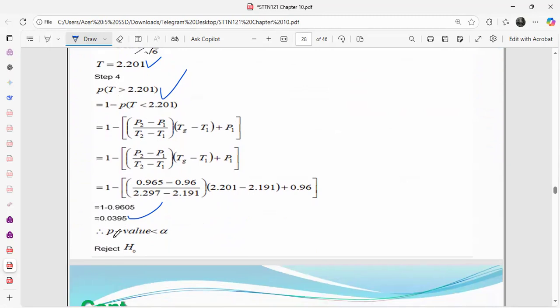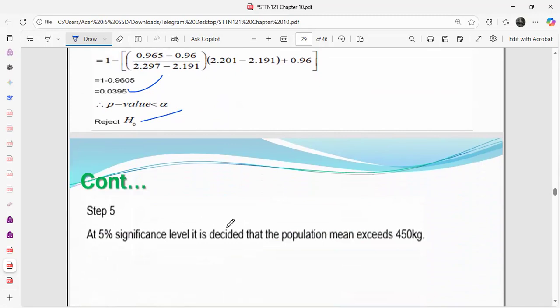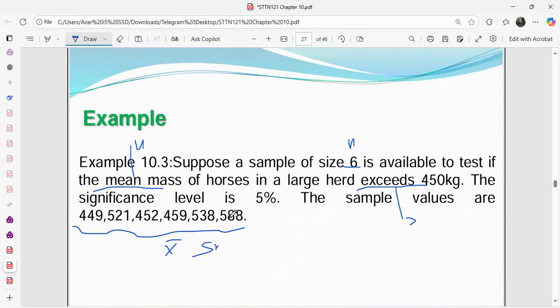You're going to compare this 0,0395 with the level of significance. So obviously the level of significance will be the bigger one. So therefore, you reject the hypothesis. Then after, make a conclusion. If you reject, remember they said the mean mass of horses in a large herd exceeds 450.